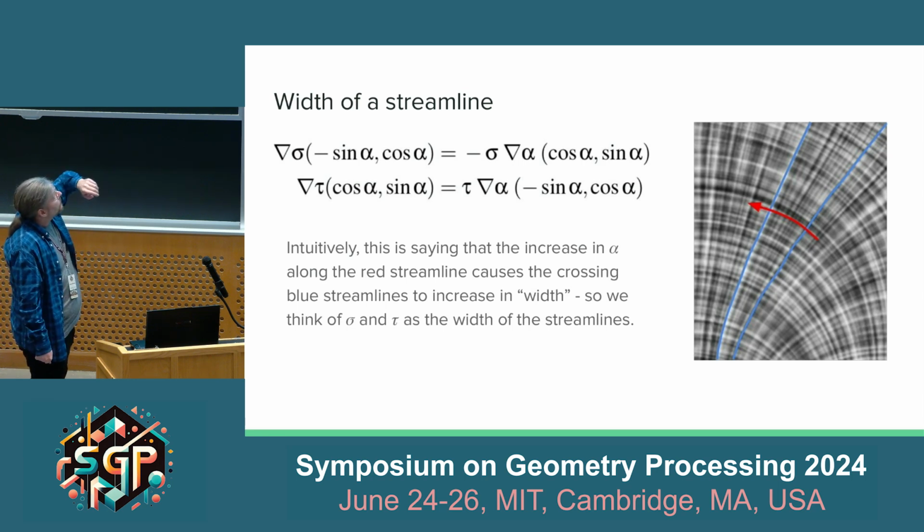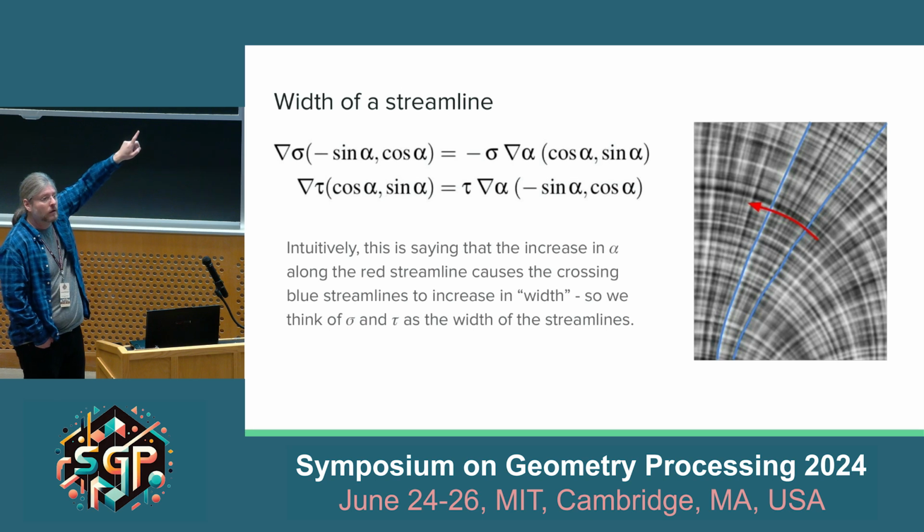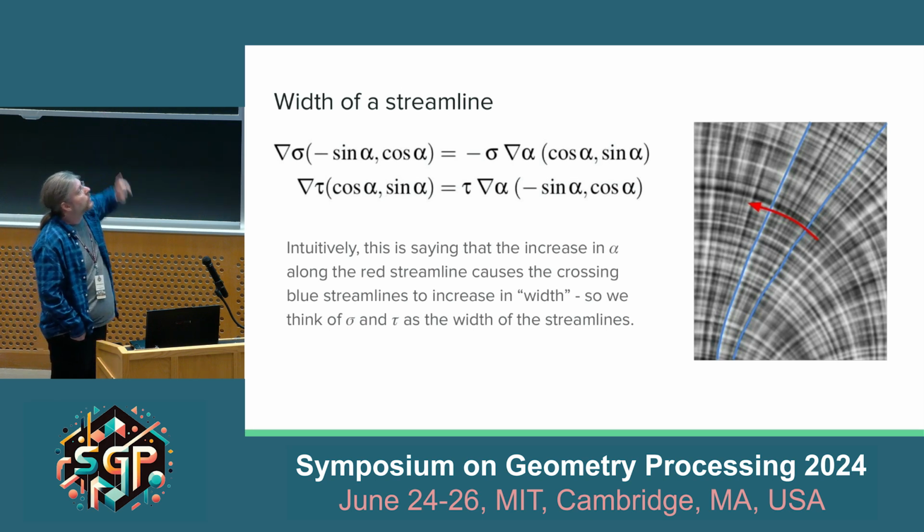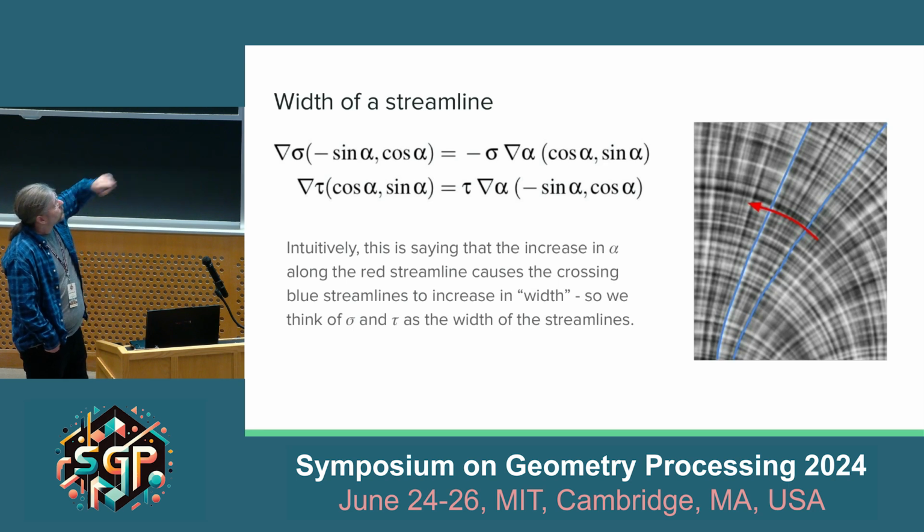So here we can see we have grad alpha in red, and we have two field lines going underneath in blue, and we see that grad alpha actually has some curve to it.